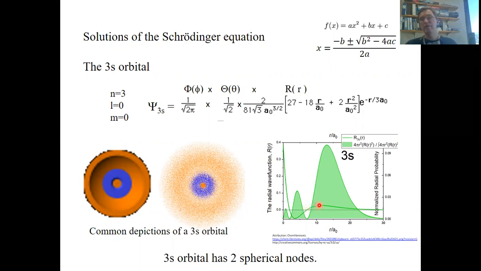Then we go through another maximum until eventually the amplitude of our wave function becomes 0. So in terms of probability, the probability to find the electron at a particular point in space is the highest closest to the nucleus. But then we have a second maximum, and here we have a third maximum.